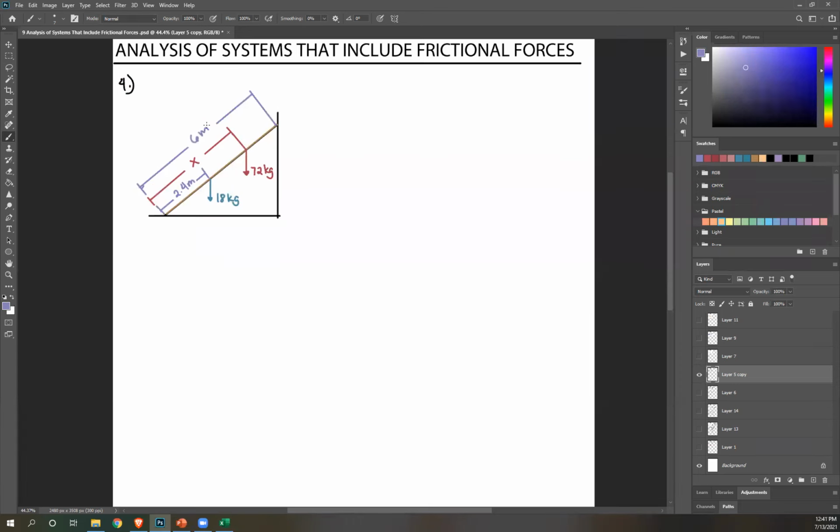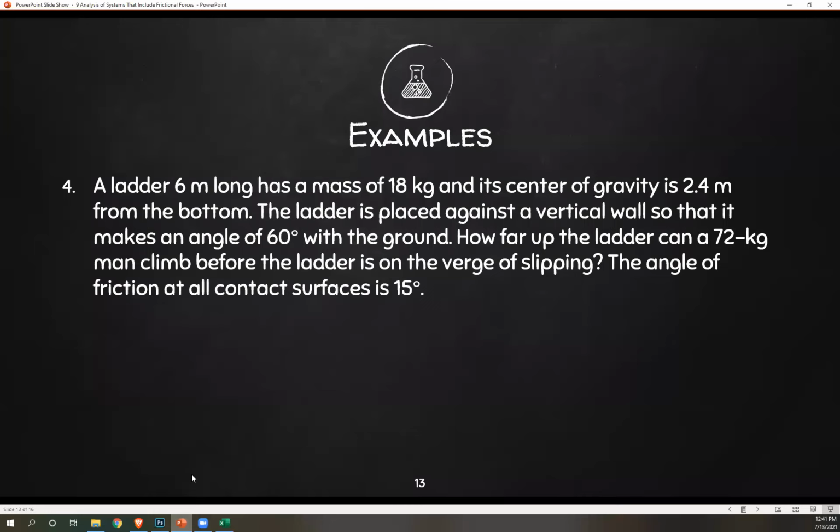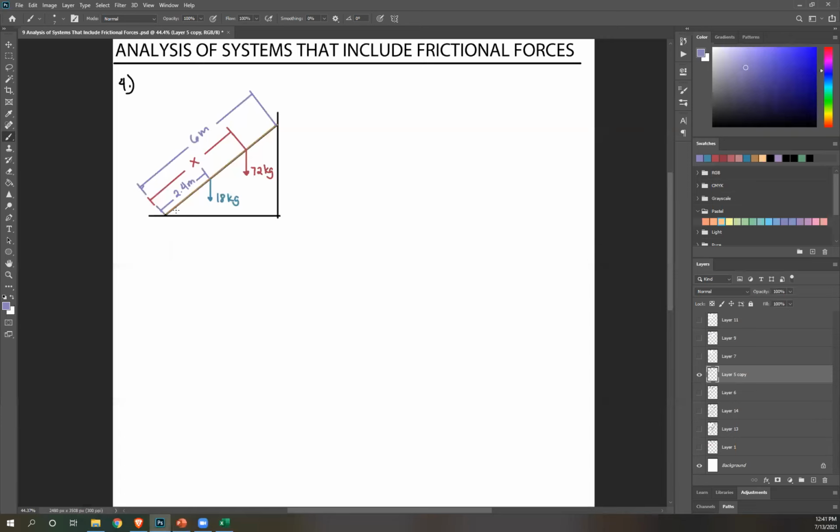Okay, what else is given? You also have a 60-degree incline, and then phi is 15. So this is 60 degrees, and then phi 15. Okay, so how do we solve?